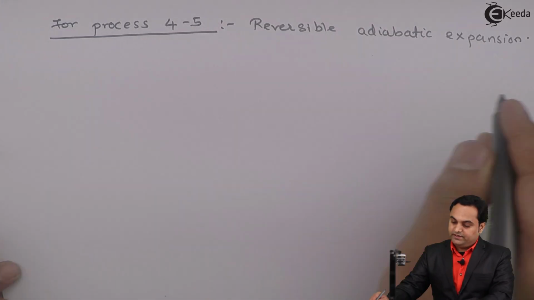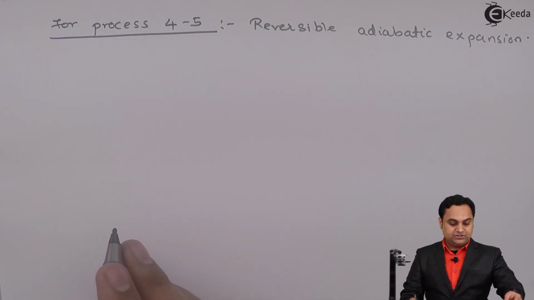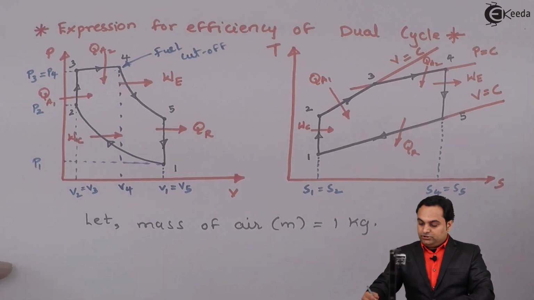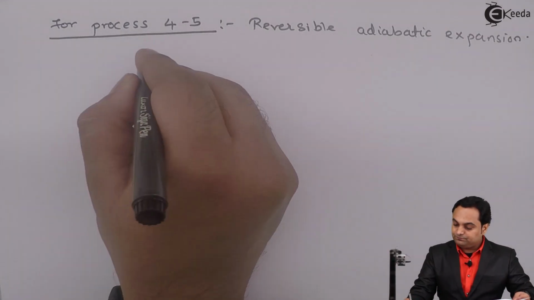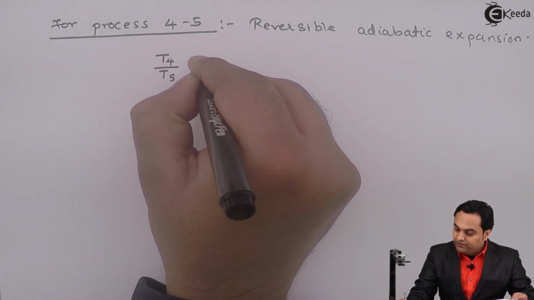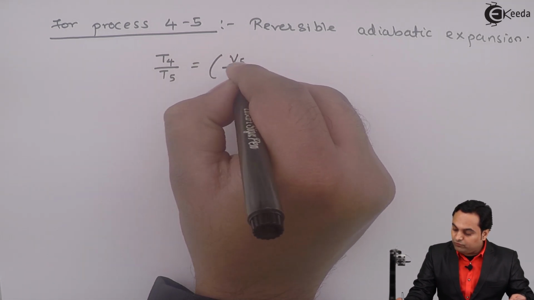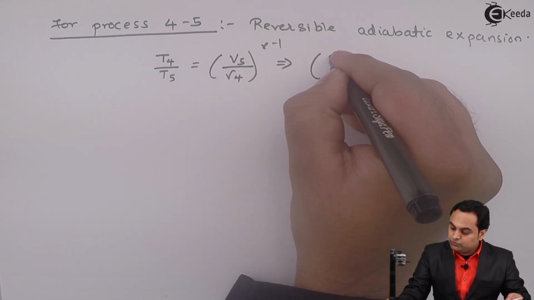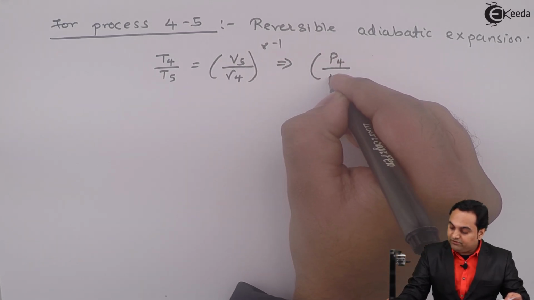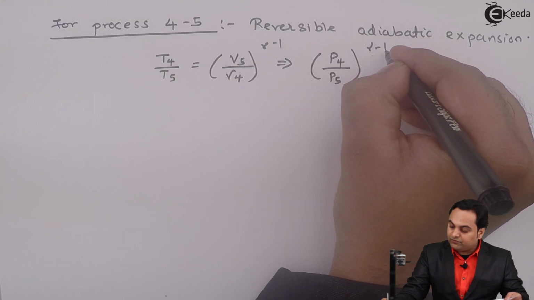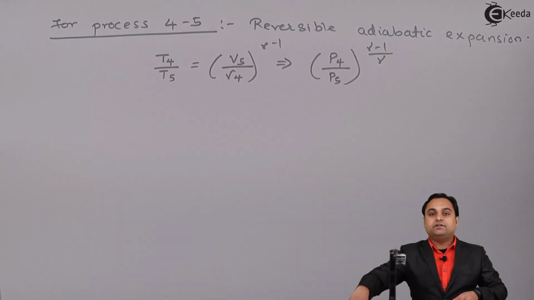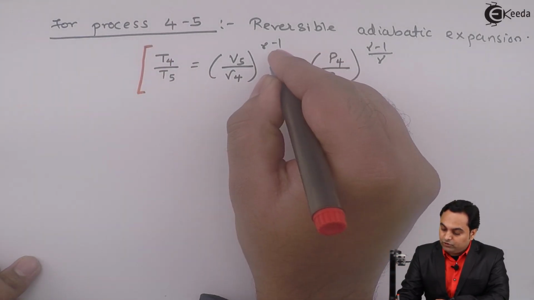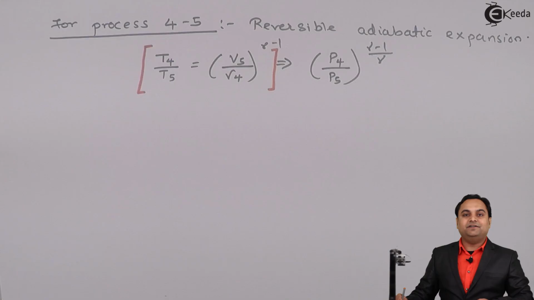Now for this reversible adiabatic expansion process, we can use the relation that T4 upon T5 is equal to V5 upon V4 raised to gamma minus 1, also equal to P4 upon P5 raised to gamma minus 1 upon gamma. Here we are interested in the ratio or the relation between temperature and volume, so we will utilize only this much part.